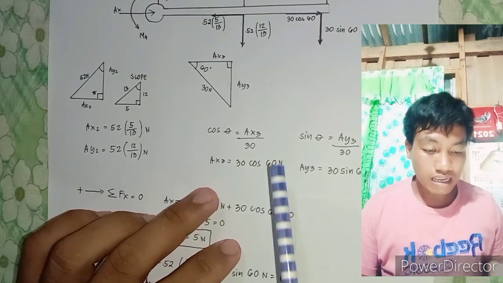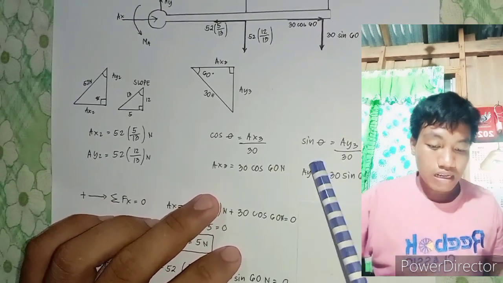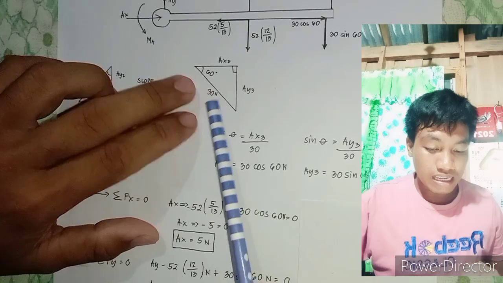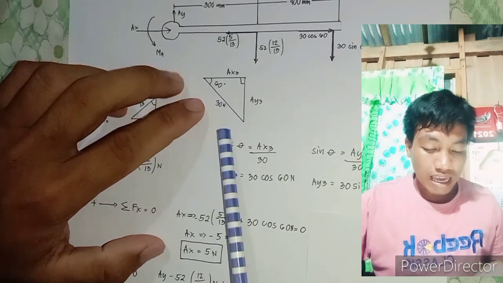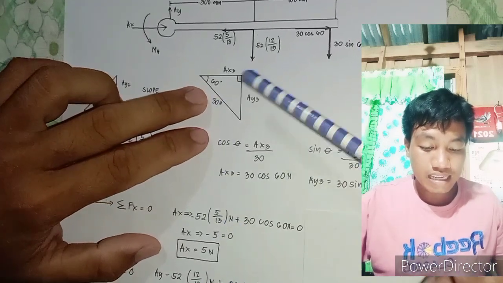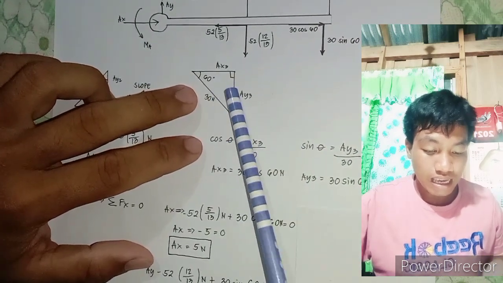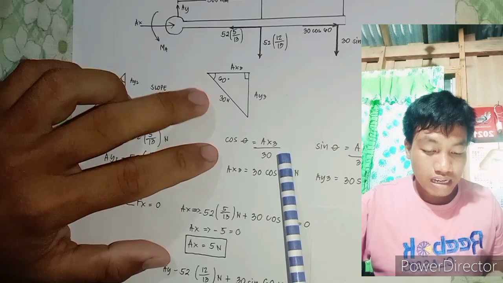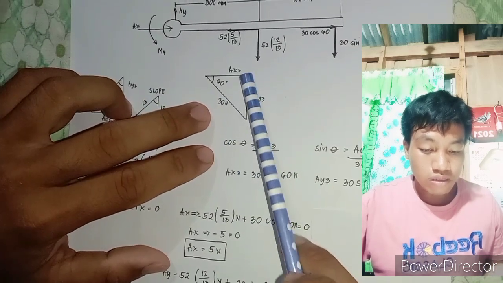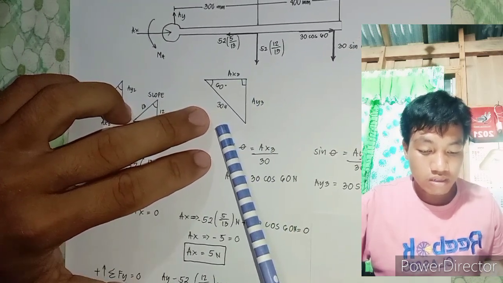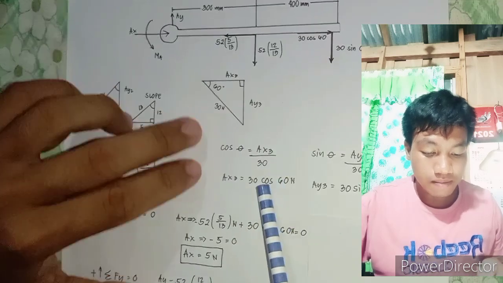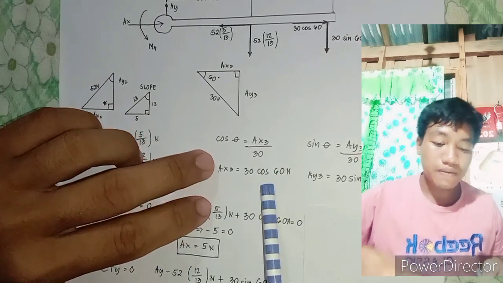Cosine 60 because we are given 60, and AX3 is adjacent to angle 60, so it is adjacent over hypotenuse, that is cosine. So AX3 is 30 cosine 60 Newton.